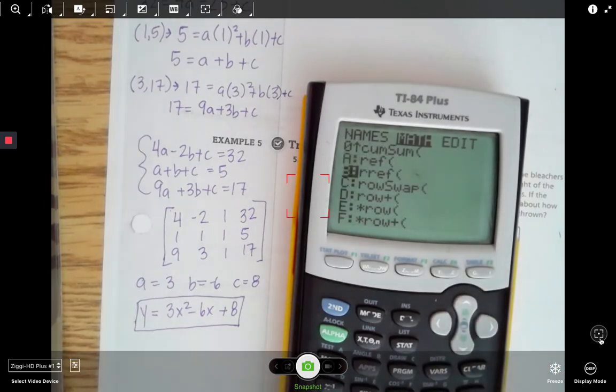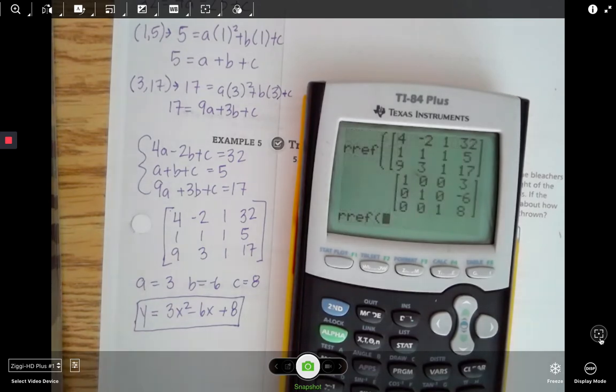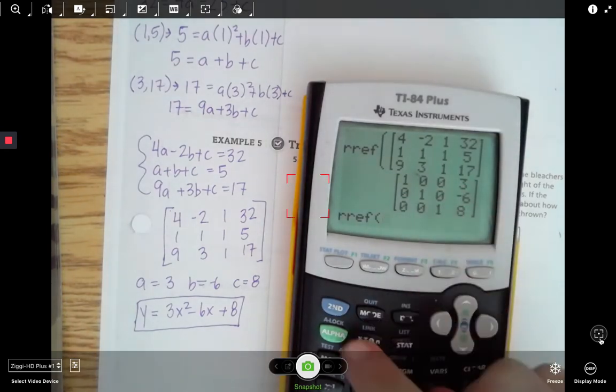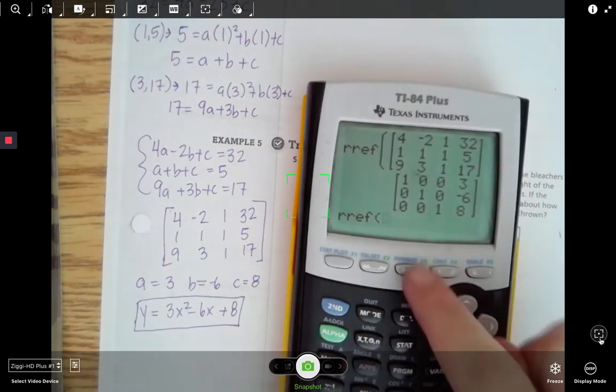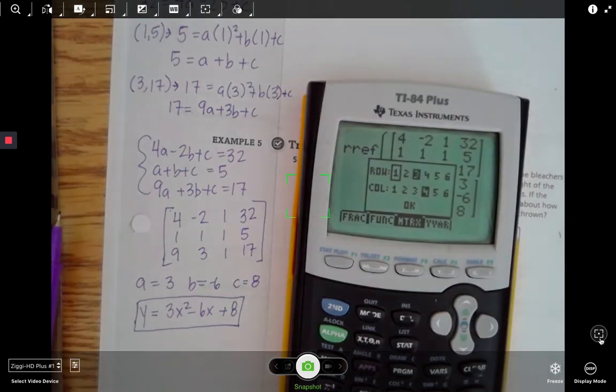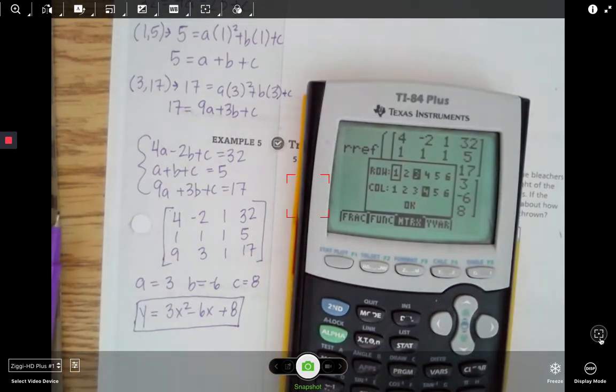You see that? And then to get this thing up here, alpha zoom, and then change your row.